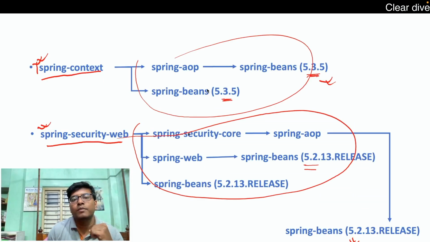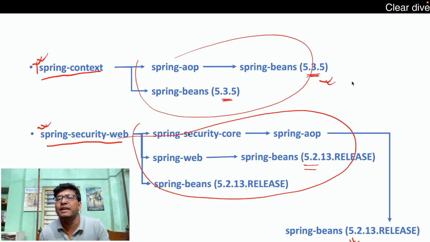Now the question is how Maven will figure out which Spring Beans version to pick up. It's not that since 5.3.5 looks like the latest one, we should discard 5.2.13, because to create any Maven application we could write anything in the version.